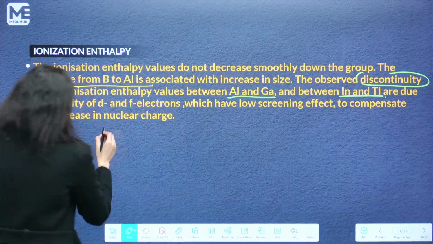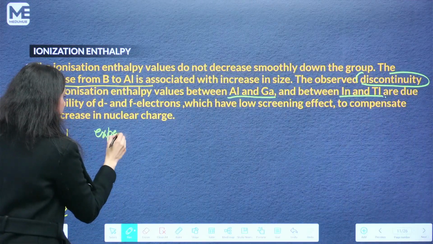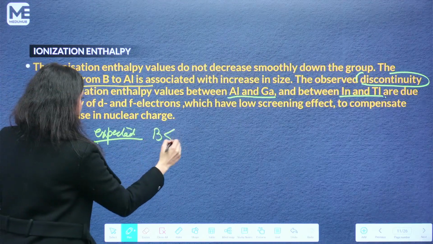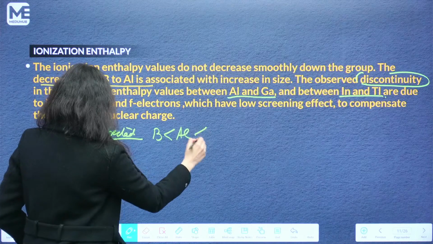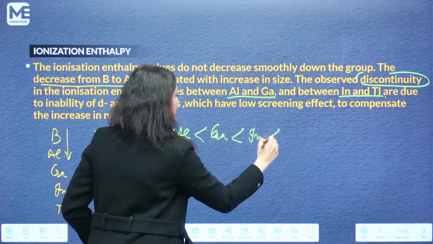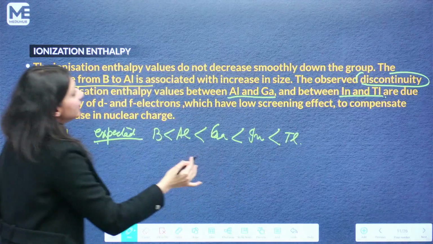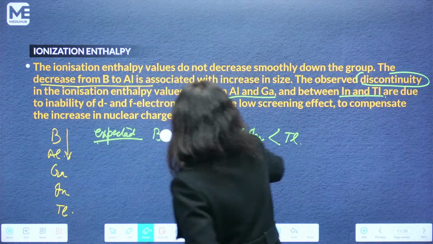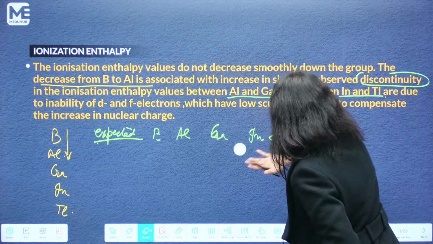So the expected trend is gallium, indium, thallium. Ideally it should just, wrong sign.